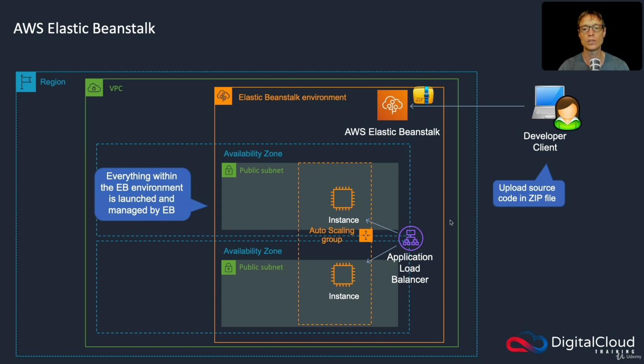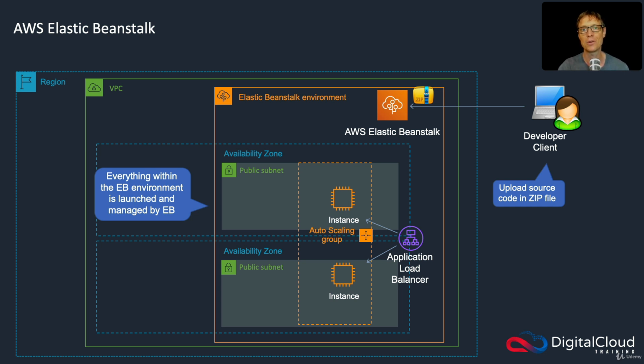So within this orange rectangle here, it's creating these resources: the load balancer, the auto scaling group, the instances, and then configuring the code on those instances so that your application is actually going to run. So what that means is a developer doesn't need to worry about launching and configuring the underlying EC2 instance. They can just deploy some code straight to Elastic Beanstalk.